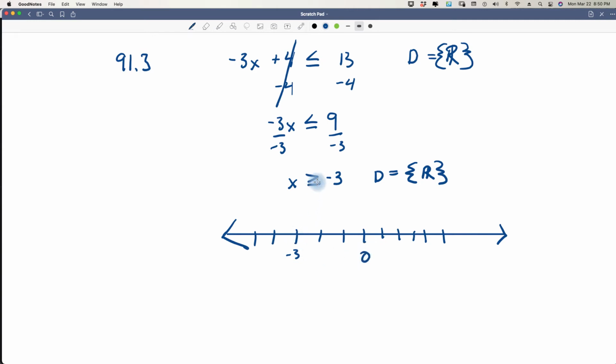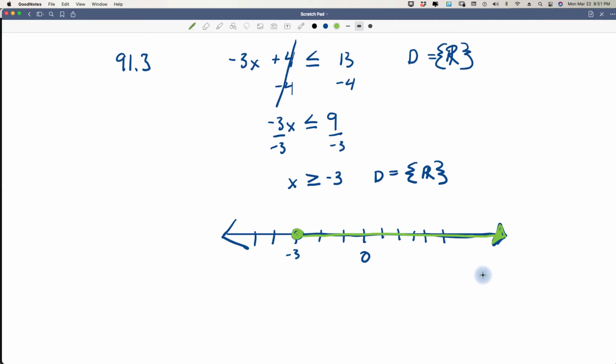And because it's equal to, we're going to fill in the circle on negative 3, and x is also greater than negative 3, so we will go to the right so that the numbers will get bigger. Okay, I'll do that in green over the top. You'll see it a little bit better. There you go. So that would be how you would graph that.